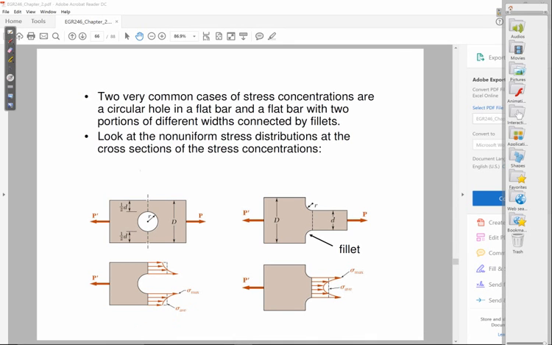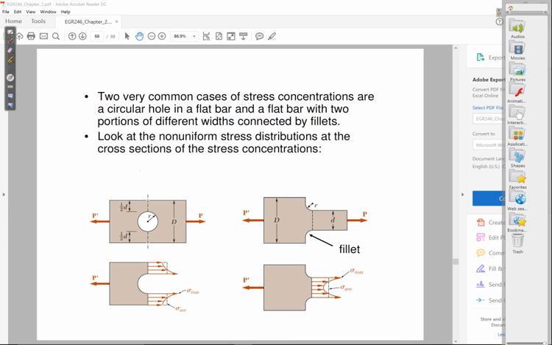What this is showing you is that when you apply that force P, the force right at the middle of that hole is largest, distributed so that it's large right where it touches the hole, and then it decreases towards the edge of that hole. So what that means is, in terms of stresses, the average stress at the hole here is P over A, but that P over A is not constant. It's not consistent across the area.